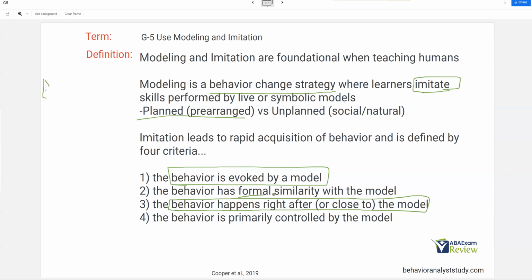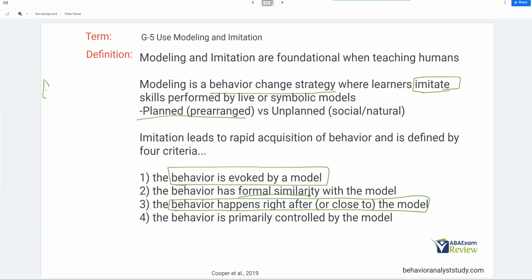It's also important that there's formal similarity with the model, meaning if you're imitating, you're imitating. You're not watching the model and doing your own version. You're watching the model and you're doing what the model is doing. There's formal similarity. And then the behavior is primarily controlled by the model.